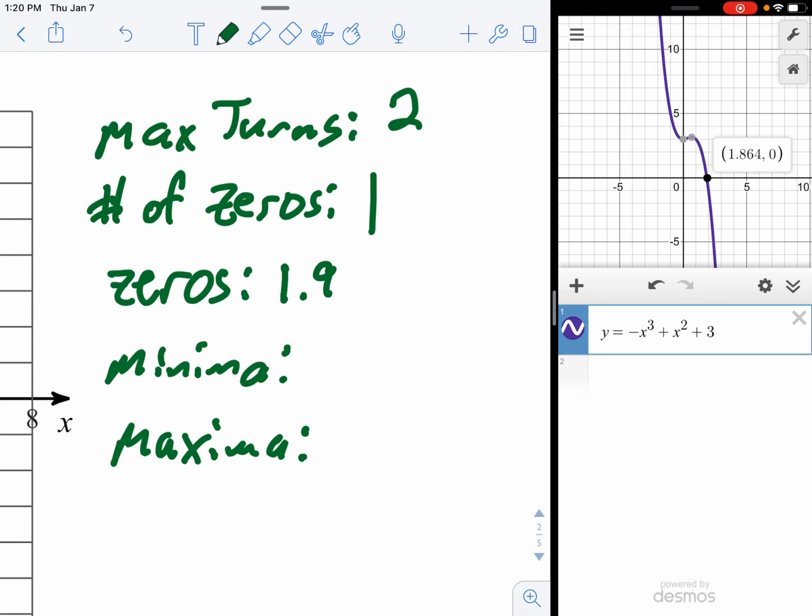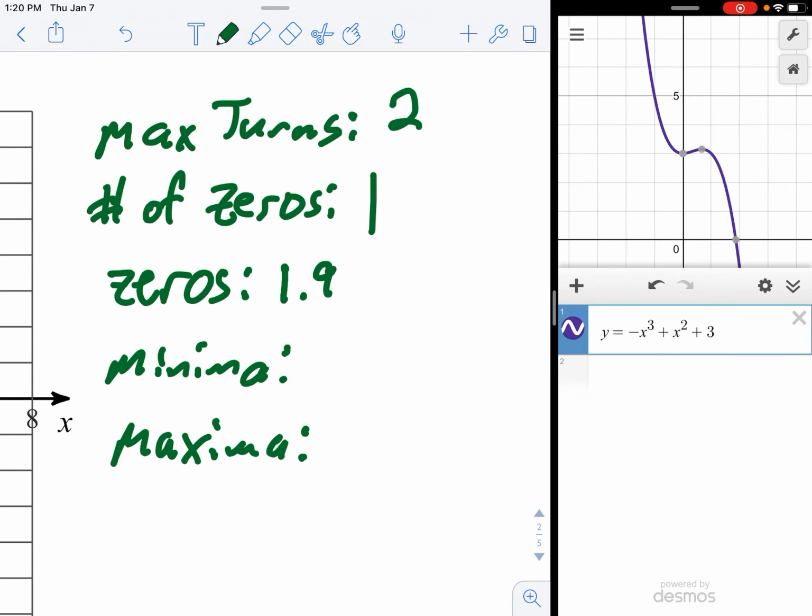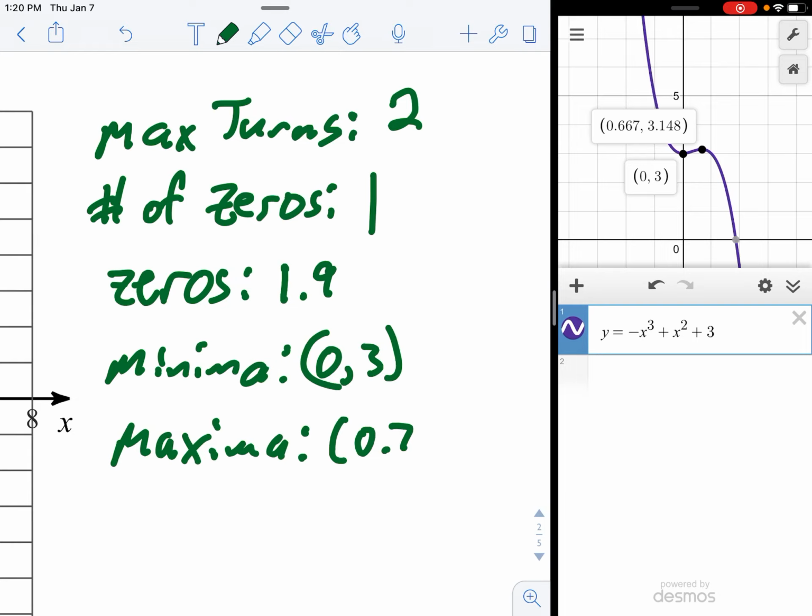Minima and maxima. This is going to be a little tricky, but they are there. The minimum seems to be 0, 3, and the maximum is, wow, 0.7, 3.1.